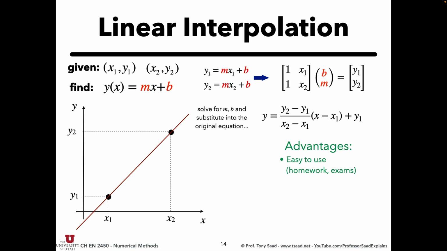Homework, exams, you're flying on an airplane and you want to solve the world's problems or something, you do linear interpolation, right? The disadvantage is it's not very accurate if the data is really nonlinear. We don't know between these two points if the data is actually like this or like that, right?